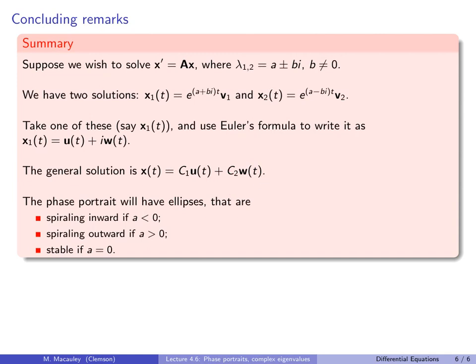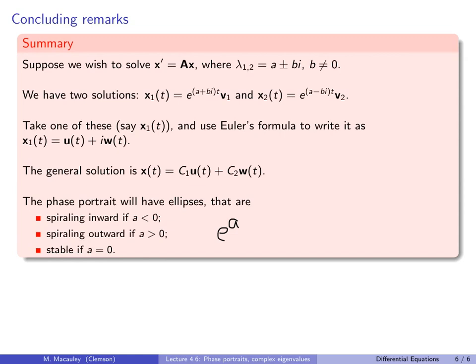Now the phase portrait will have ellipses. Circles are special types of ellipses, but either way, these will have ellipses, and these ellipses will be spiraling inward if a is less than 0, and spiraling outward if a is greater than 0, and they'll be stable if a equals 0. And the reason why is because, let's recall where that came from.